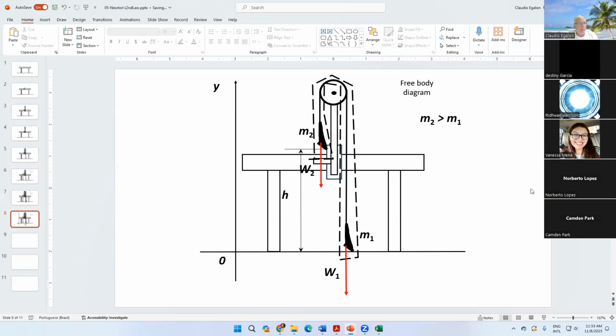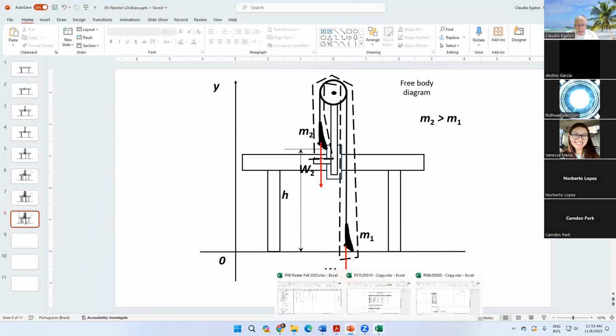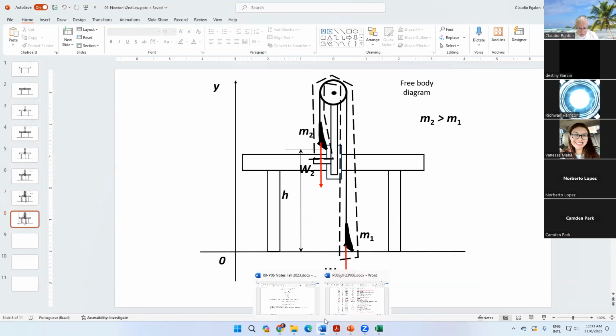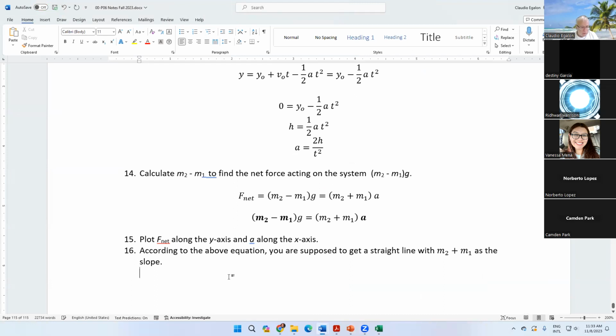Free body diagram. And from this free body diagram, we get the net force of our system equal to MA, right? And so what we did in this experiment, we determined the acceleration in two different and independent ways.